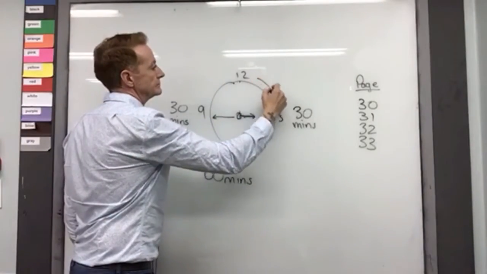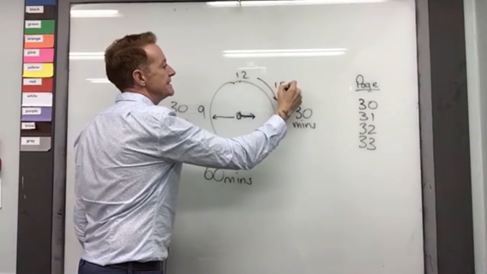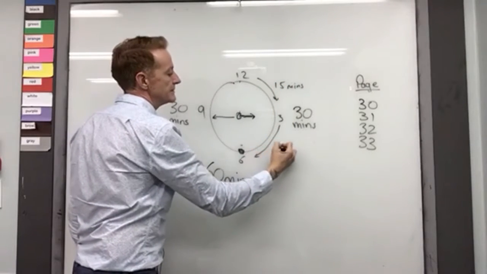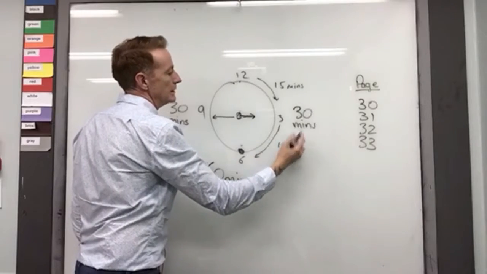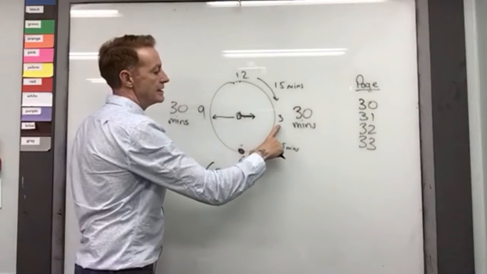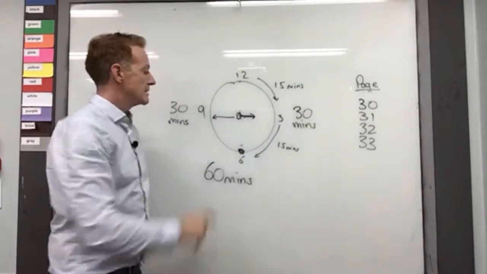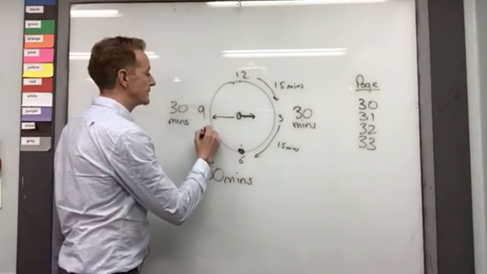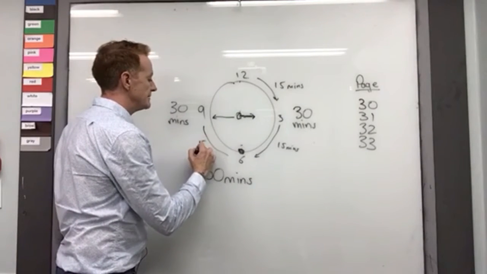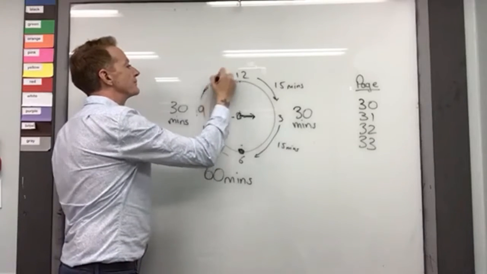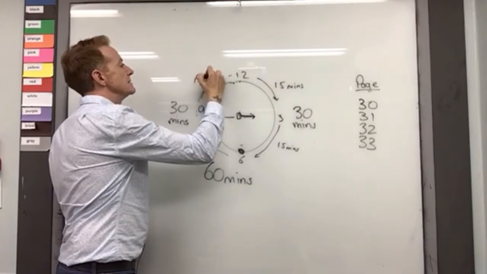From here to here is 15 minutes, because this one to this one is 30 minutes, so half of that is 15 and 15. It is the same on this side, 15 and 15. So here to here is 15 minutes, and here to here is 15 minutes.